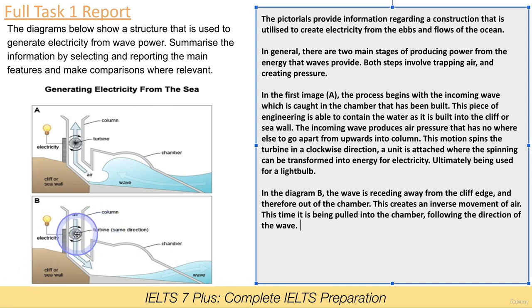However, does this affect the direction of the turbine? No, it doesn't. Nevertheless, even so, although the turbine does not change direction and continues to spin and therefore create energy continuously.